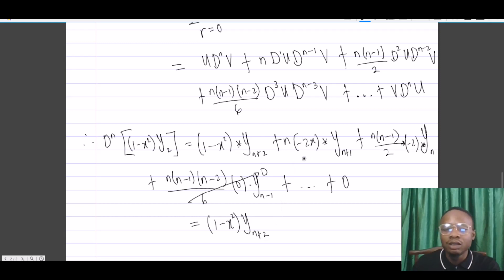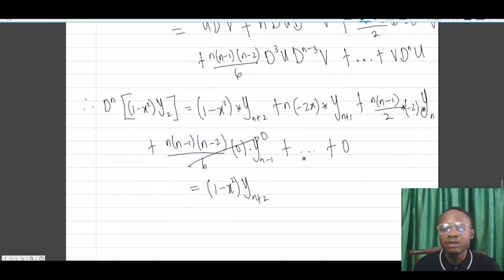Then the next one will be minus 2nx into y sub n plus 1, and then this 2 is here, so this 2 is going to cancel this 2, so I'm going to have minus left here, so this is going to be minus n into n minus 1 multiplying y sub n. All right, so basically that is what we have from this analysis here.